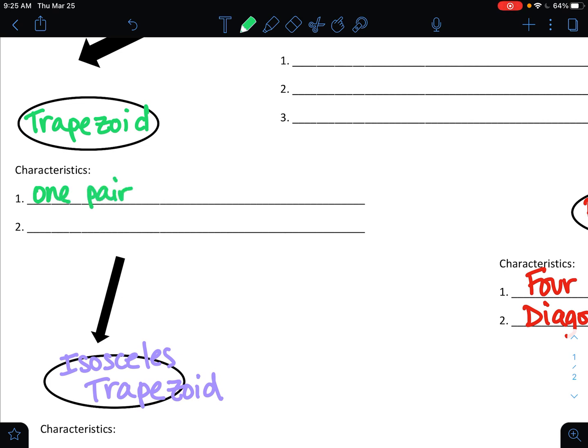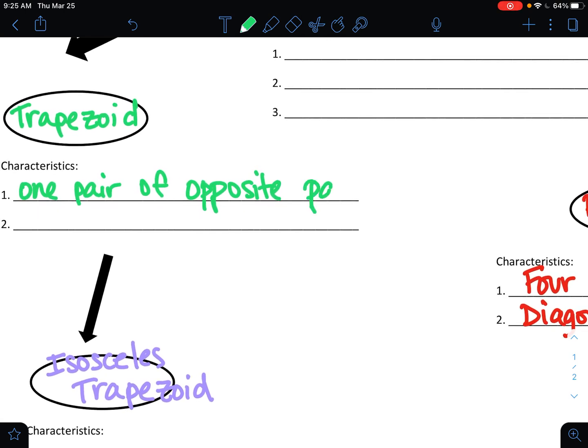So I'm going to add here one pair of opposite sides are parallel. Now, if we have two sets of opposite parallel sides, we no longer have a trapezoid, we have a parallelogram.